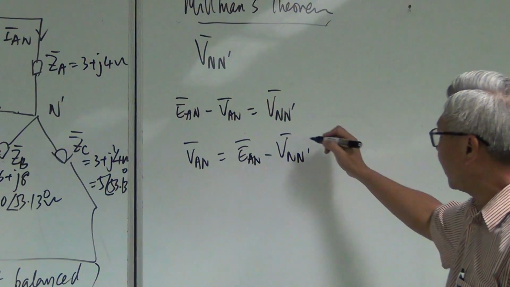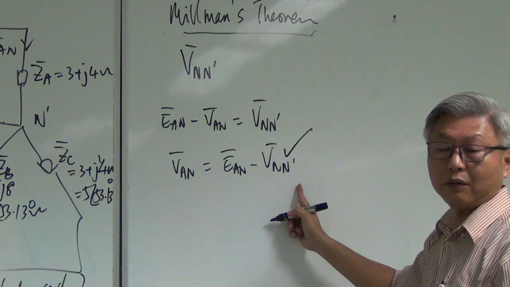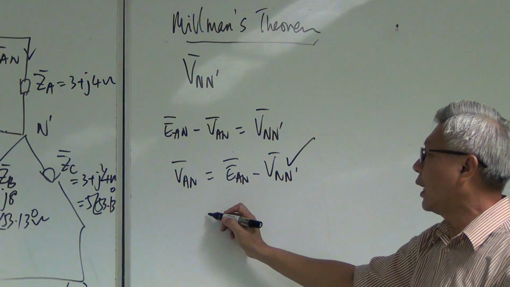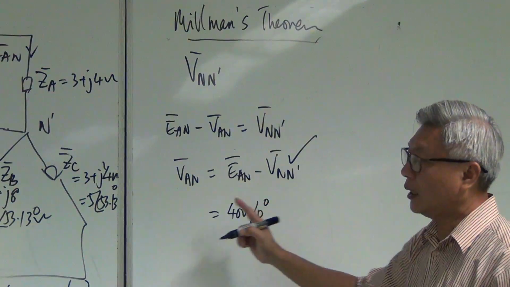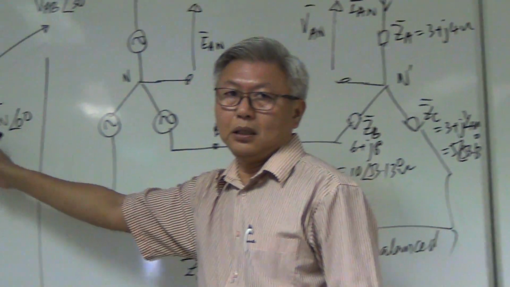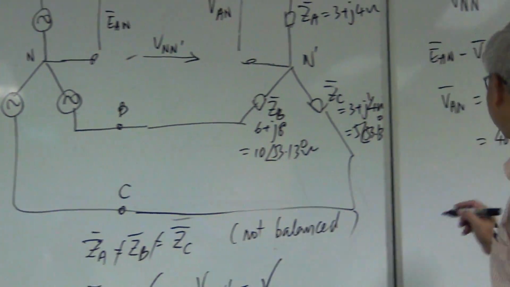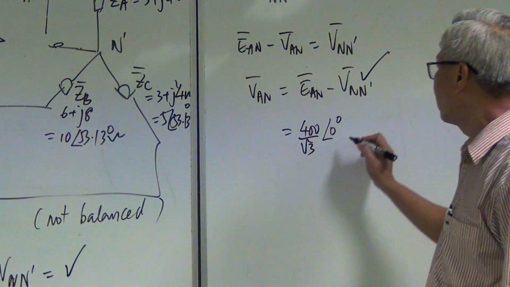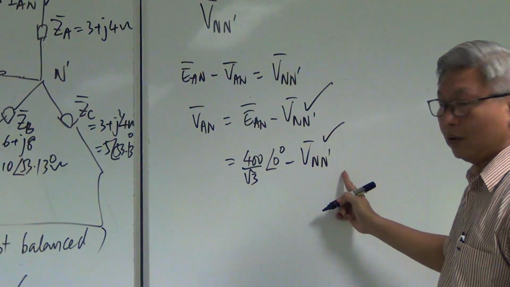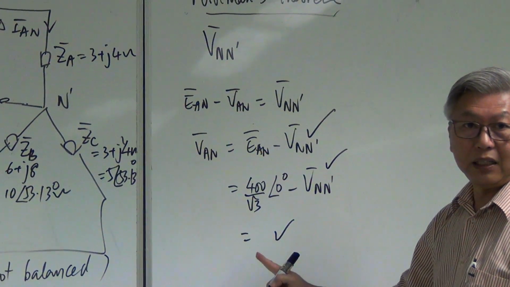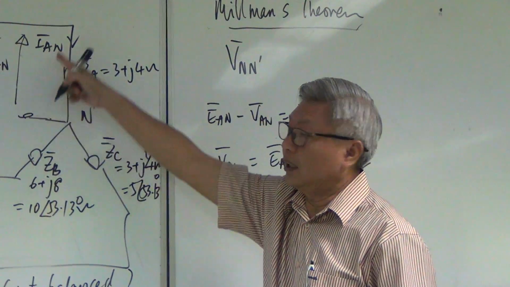Just now in our mathematics, we already calculated this value. And EAN we know is 400 divided by square root 3, at 0 degree. So you subtract this value that you have calculated just now, and you have found out the VAN'.